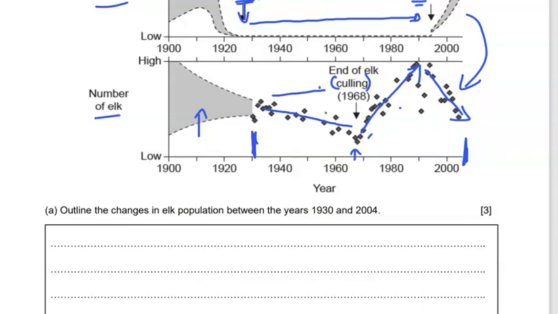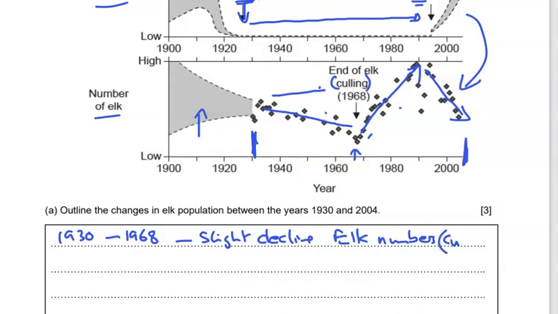So this goes from about 1930s through to about 1968, and we've already discussed this, and so there would be a slight decline in the elk numbers, and we know that is due to culling. We're probably looking for 3 patterns here.